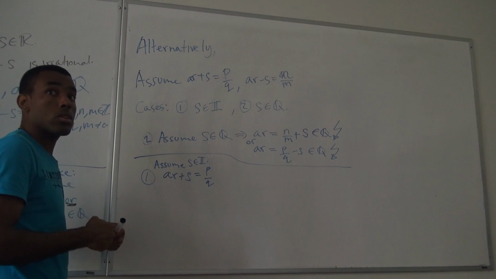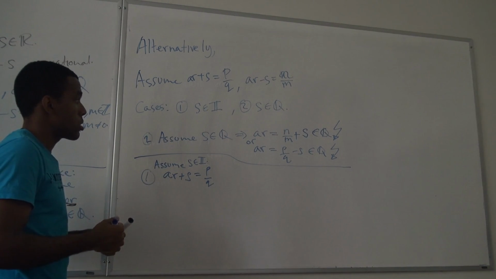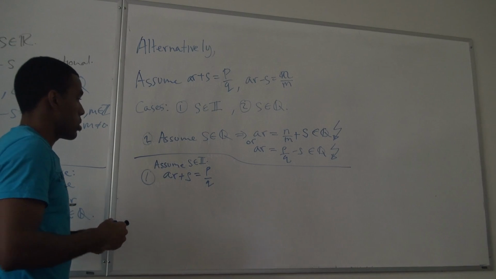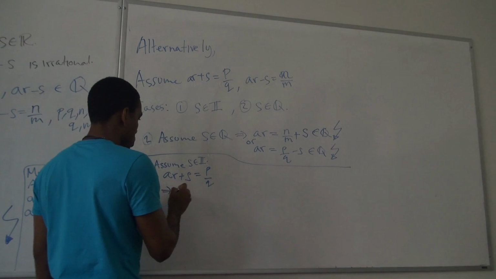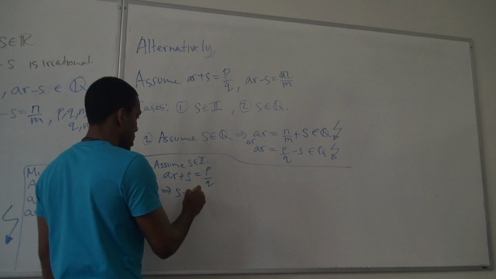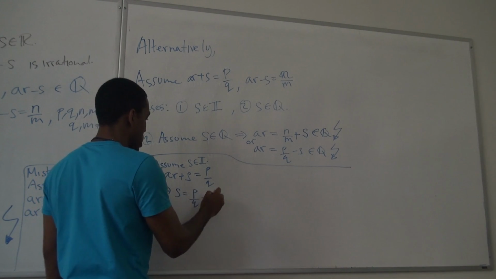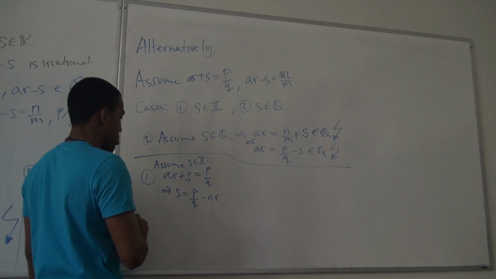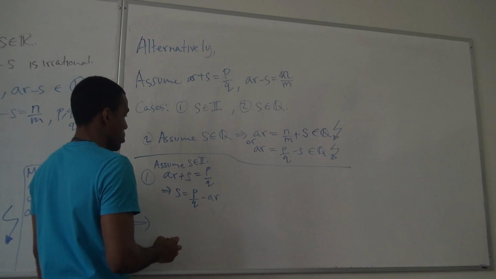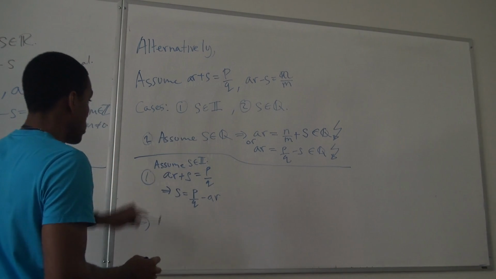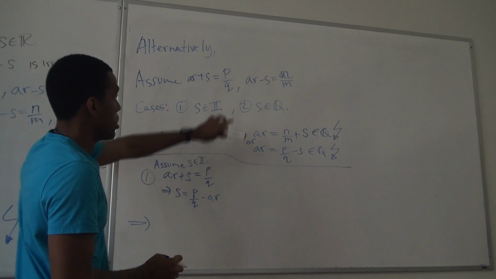But why would you express S as n over n, then AR minus n over n, and plug it in instead of there? What if you did that here? So S would be, in this case, P over Q minus AR. And then you would plug this in to the other equation. It's the same thing, just adding.